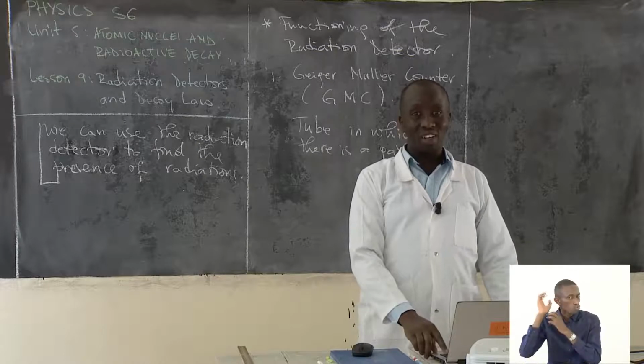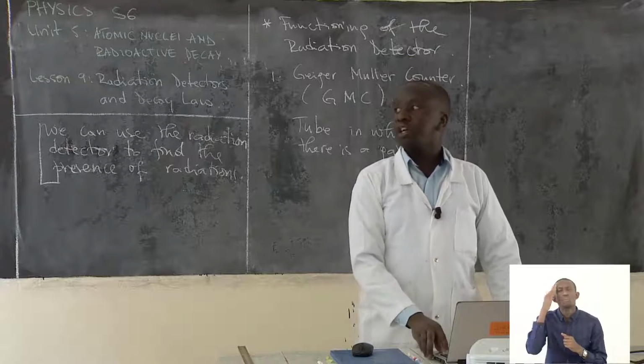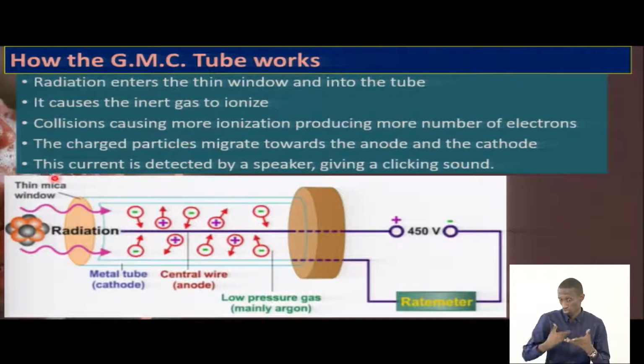Of course, then you know there is a presence of radiation. So this current is detected by the speaker, giving a click sound telling you there is a danger, okay? You should not get closer to this place. Hope you understand that. Good.